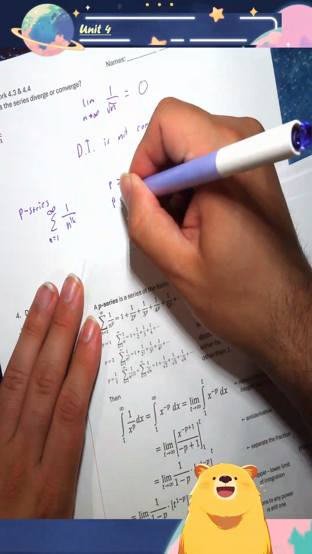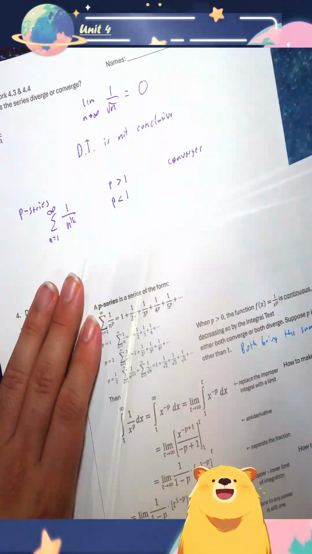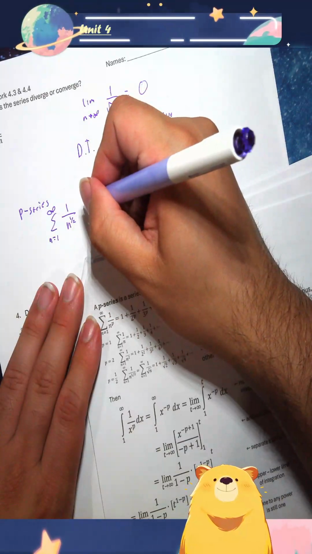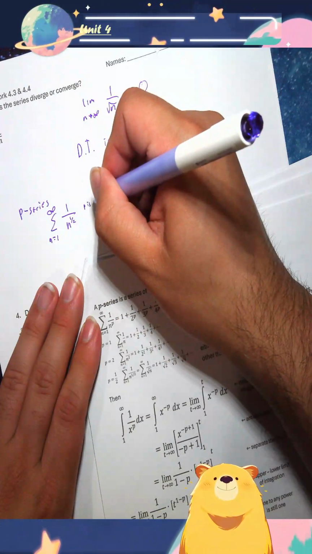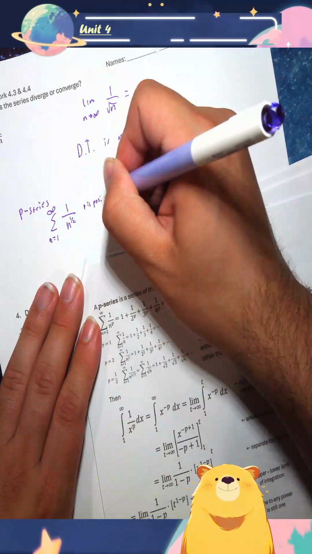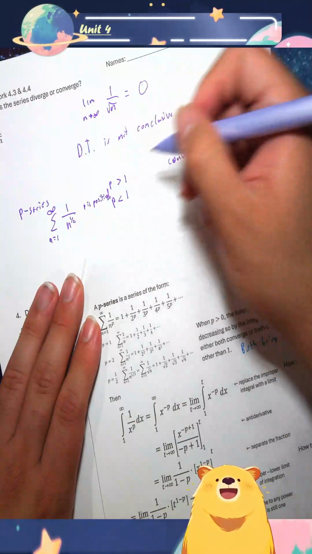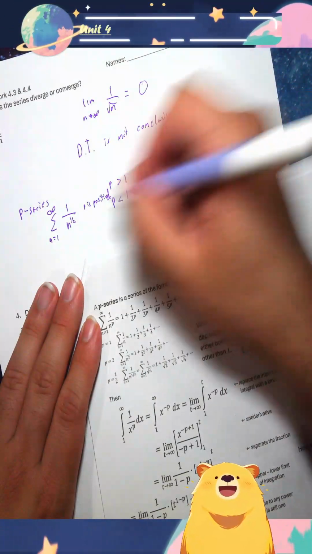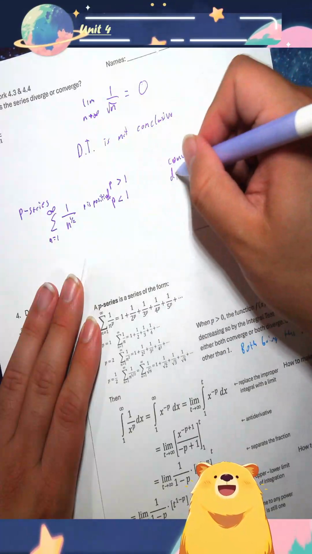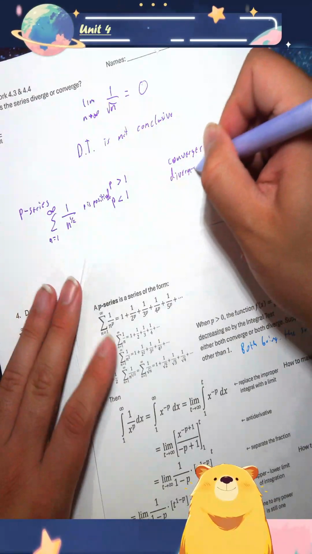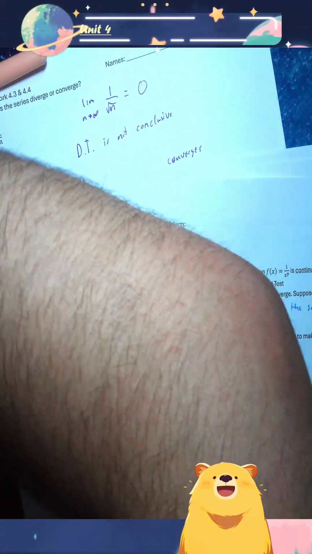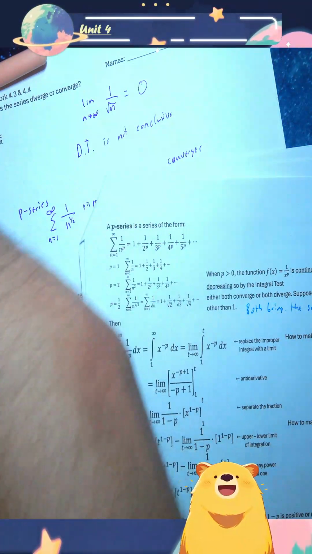But if p is positive and less than 1, then it diverges. So we see here that the scenario we're in is that it diverges because p is less than 1.